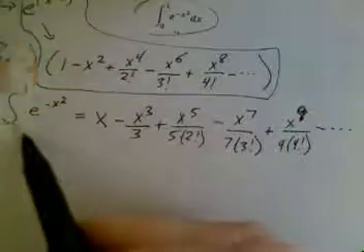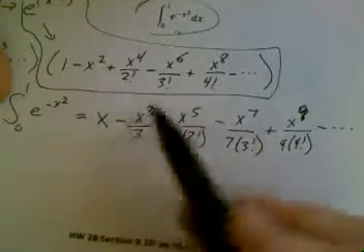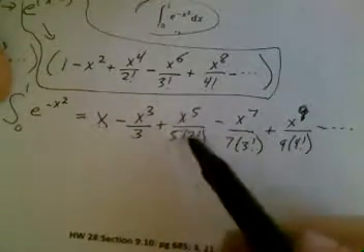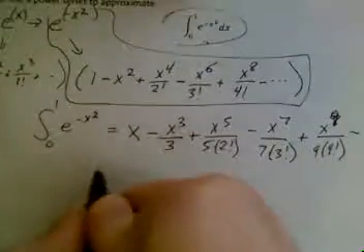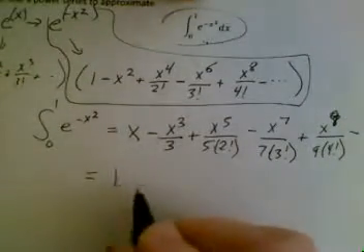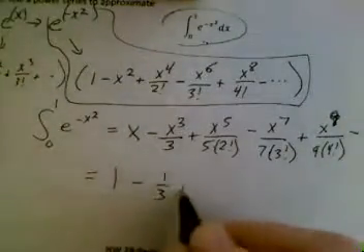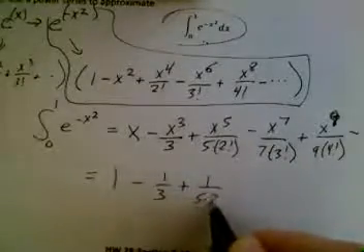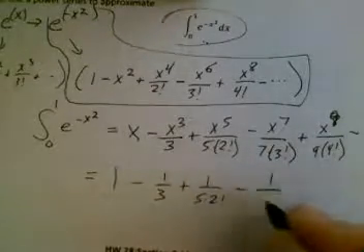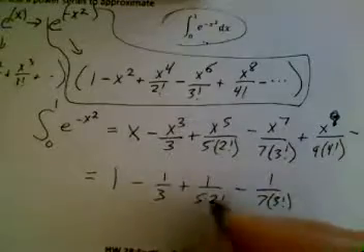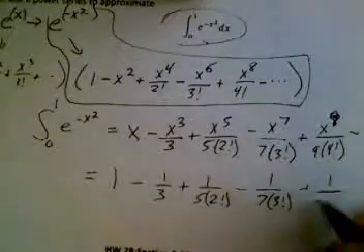If I plug in 0, this is the best part, all of these are zeros, right? 0 minus a 0 over 3 plus a 0 over, okay, so those are all zeros. So this is really going to be equal to 1 minus 1/3 plus 1 over 5 times 2 factorial minus 1 over 7 times 3 factorial plus 1 over 9 times 4 factorial.